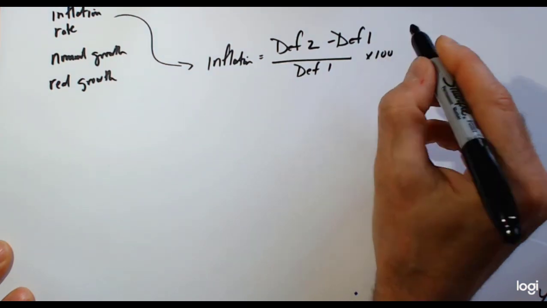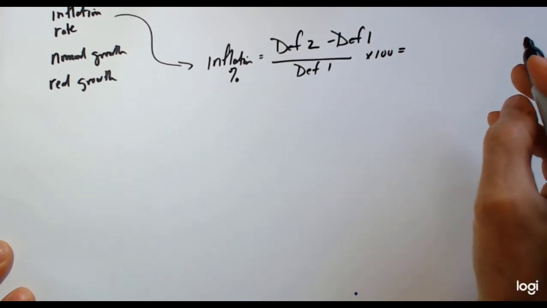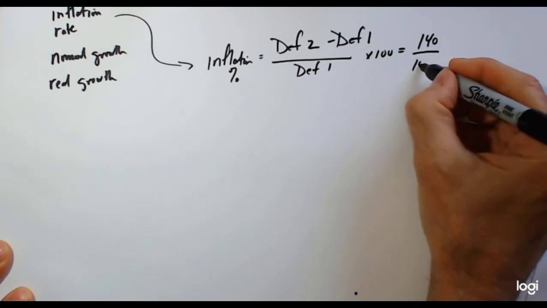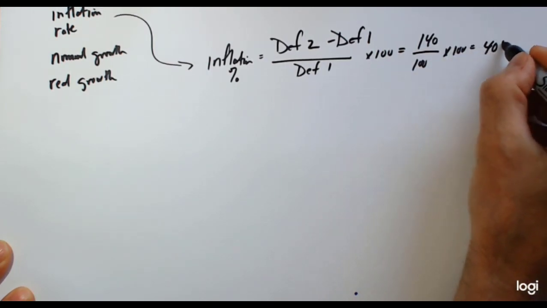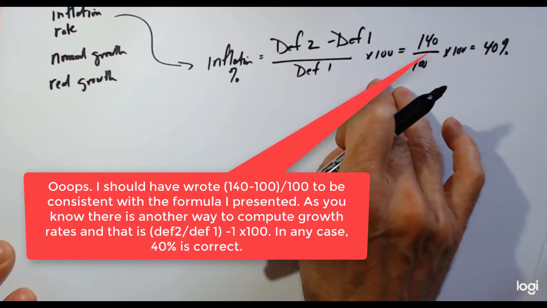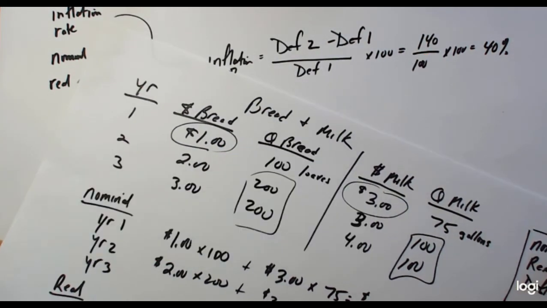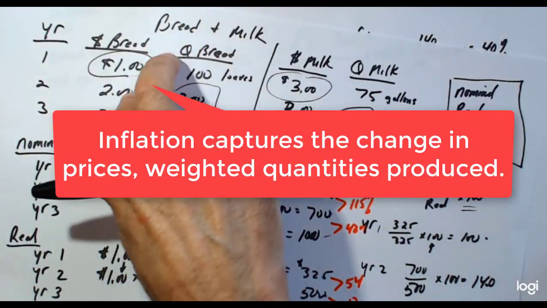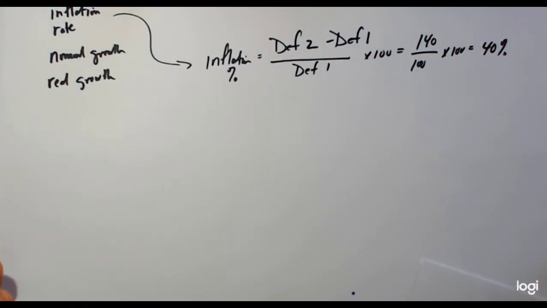We're going to multiply it by 100 to get it into percent form. So this is inflation in percent. And so the deflator was 140 from the example, minus 100, divided by 100, times 100 gives us 40%. So the inflation rate from year 1 to year 2 is 40%. What that reflects is simply, using the data here, this change in prices only. That's what it's capturing.